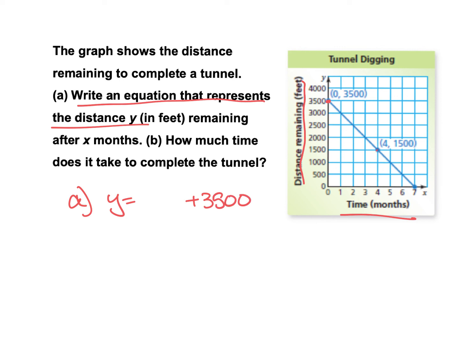Slope, now I'm not just going to go 1, 2, 3, 4, because these all count by 500. So it's 500, 1,000, 1,500, 2,000 over 1, 2, 3, 4 that way. So it's 2,000 rise, and then it's a backwards 4. So it's 2,000 divided by 4. That gives you 500, but it's going down. So it's -500x plus 3,500.